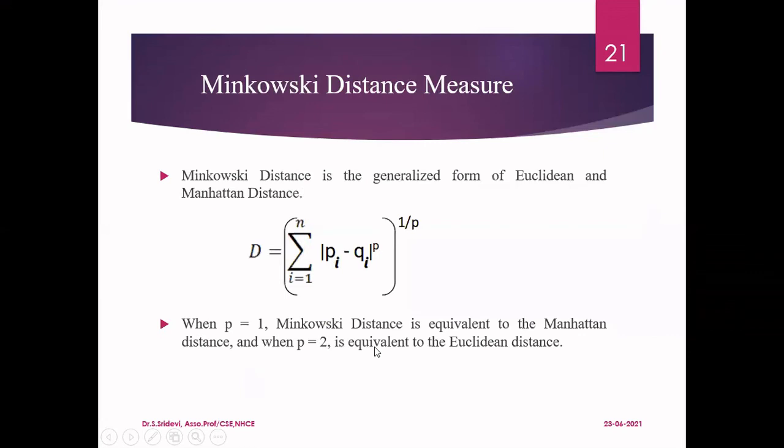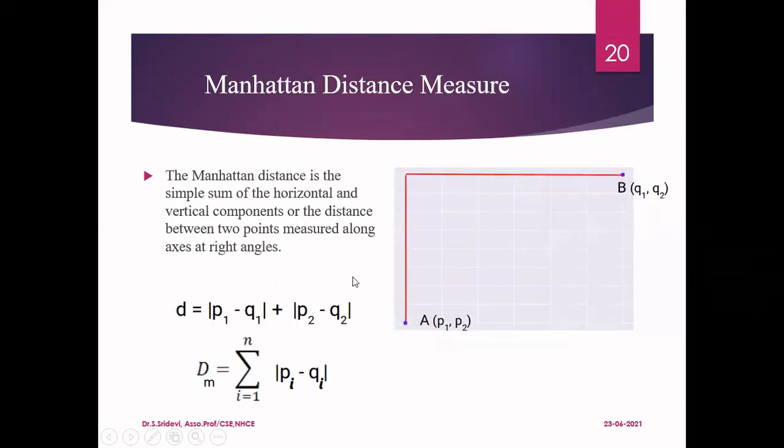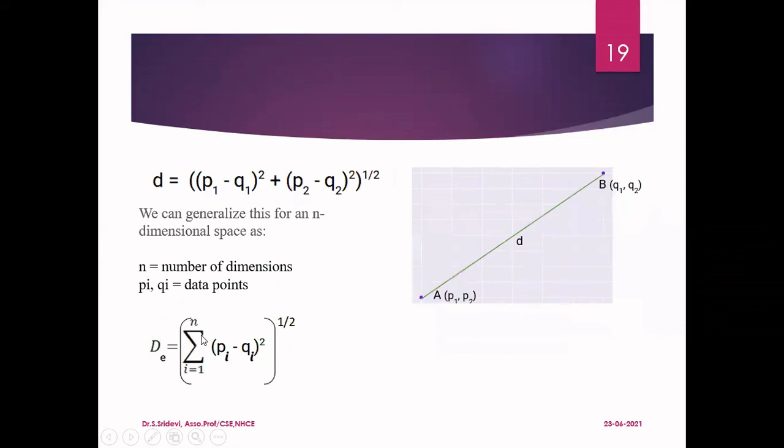And the third one is the Minkowski distance measure. This Minkowski distance is a generalized form of the Euclidean and the Manhattan distance. So if you consider the formula of both, here in this one, I have sigma i equal to 1 to n of Pi minus Qi the whole squared, whole power half. Okay, this is the Euclidean distance formula.